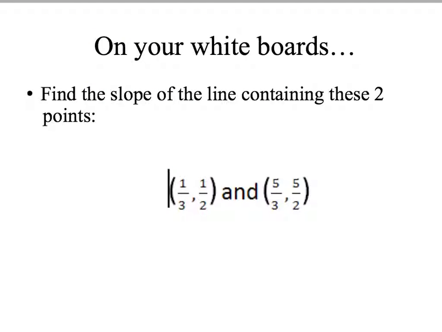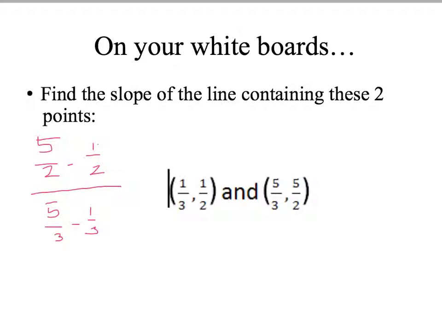Okay, so we did this example on the whiteboards, finding the slope between these two points, because it's good practice to work with fractions. So it's 5/2 minus 1/2 over 5/3 minus 1/3.